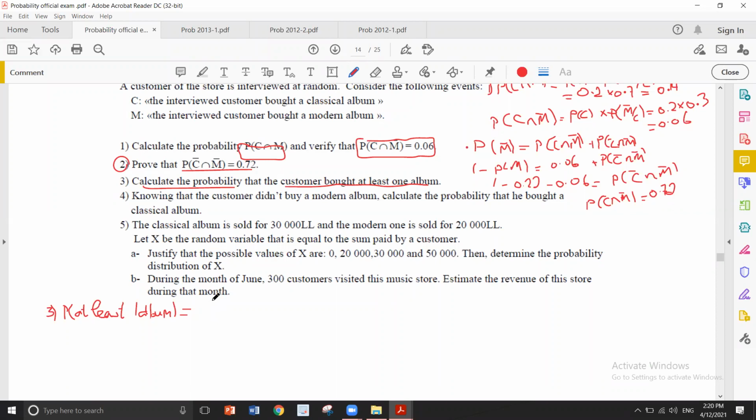Who can tell how to calculate it? At least one album. Come on, how did we work with at least one? One minus the probability of no album.